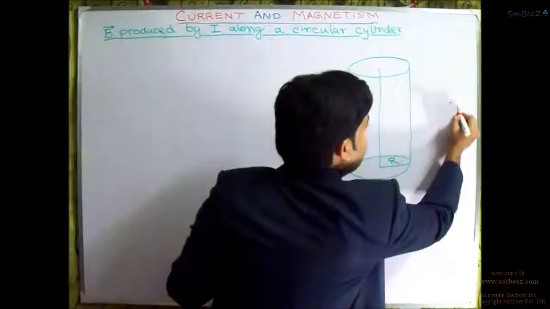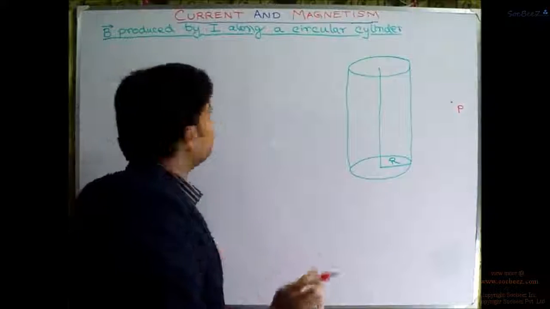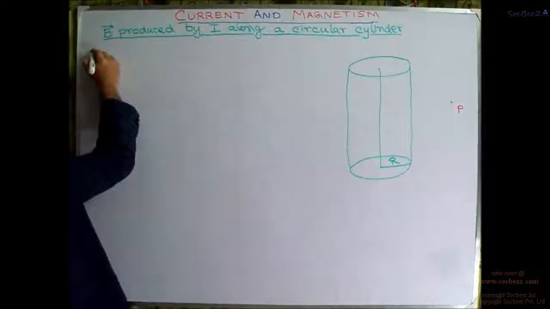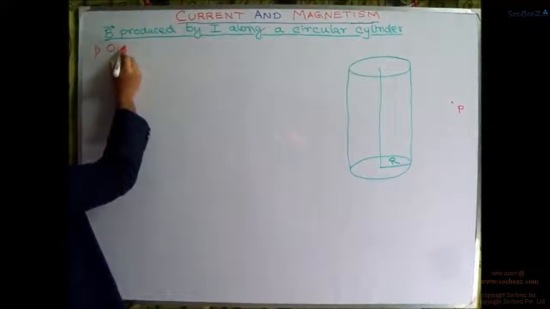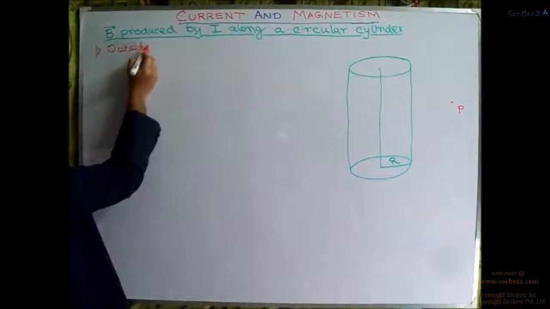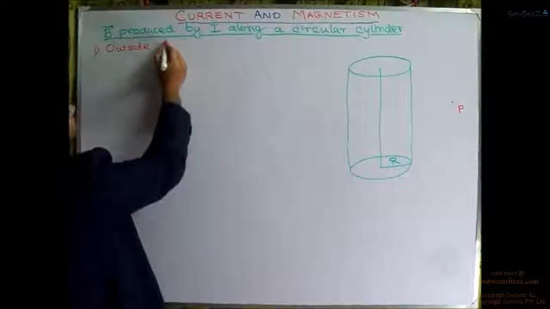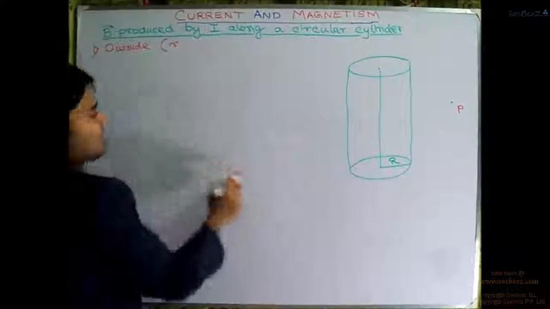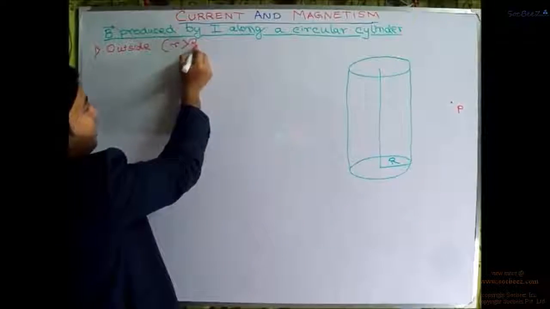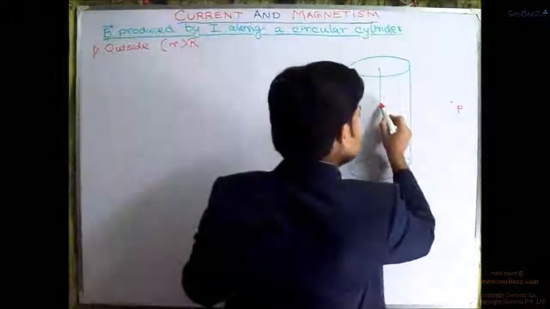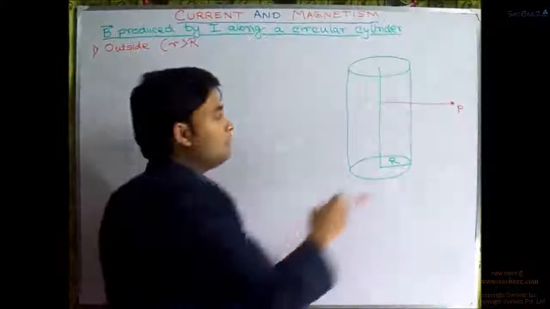So for example, at this particular point P, we wish to find out what would be the value of this B. So the first case we wish to find out is outside this circular cylinder, which means over here that the radius that we are considering is actually greater than R. So for example, this is the radius of this point.